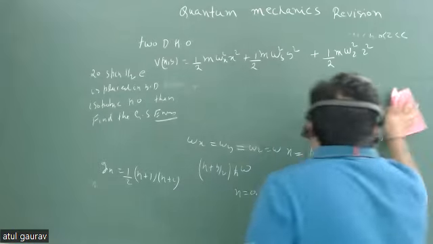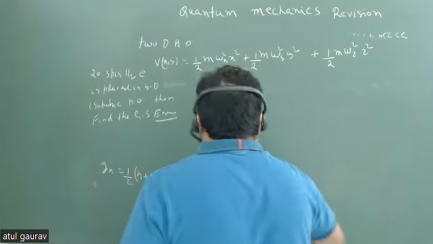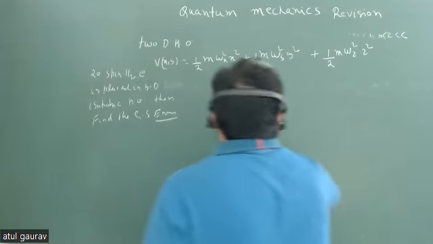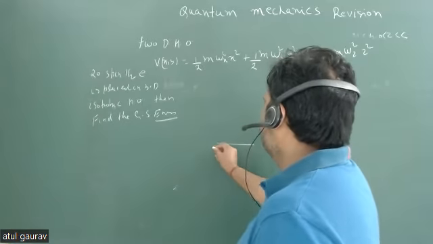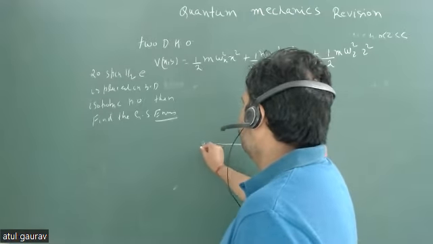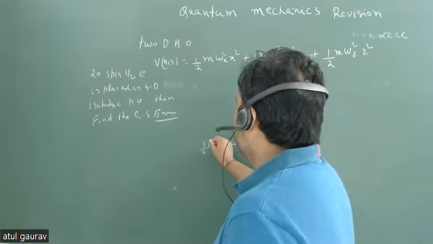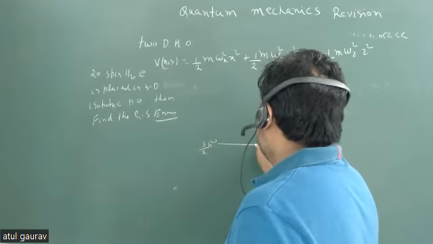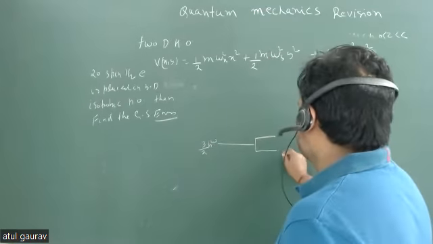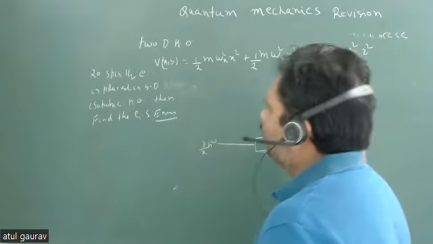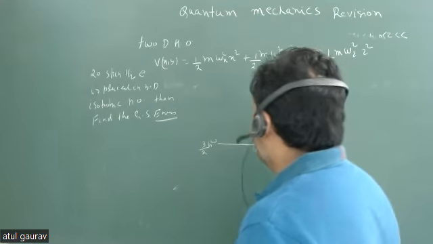You will write all of your energy levels. So what is your energy level? The first level is 3/2 ħω, and this can be split into two parts, one plus and another minus, or plus half or minus half.